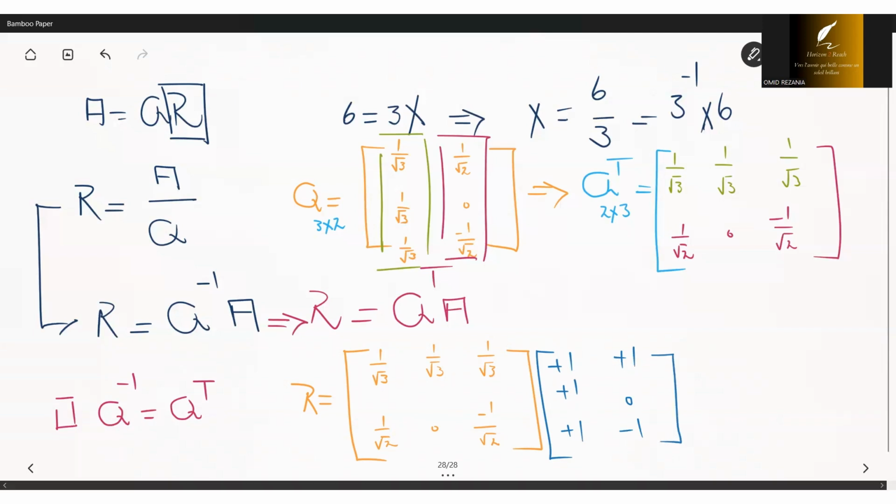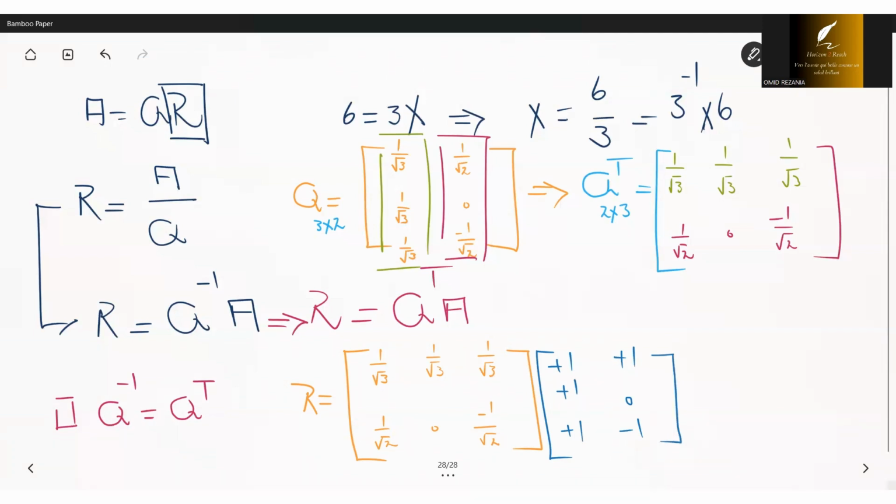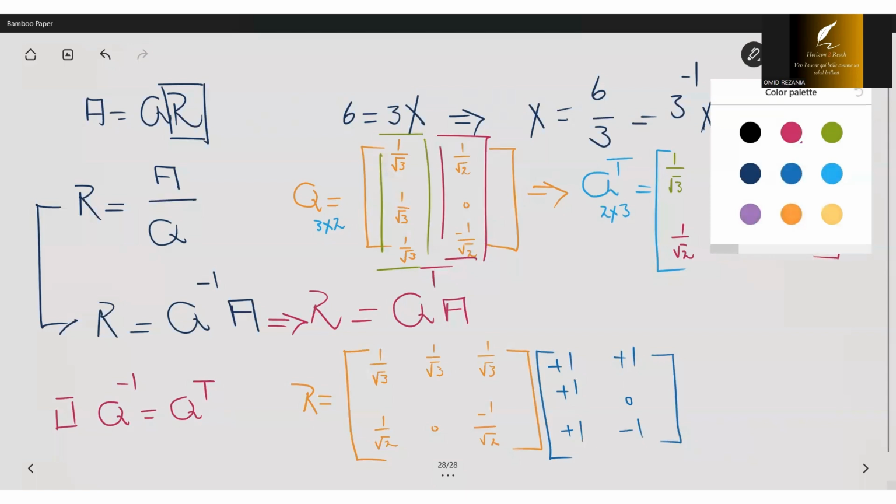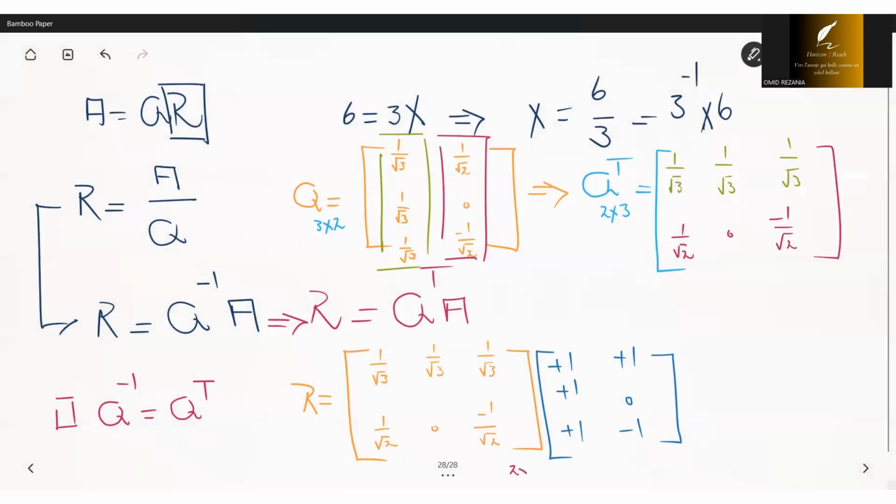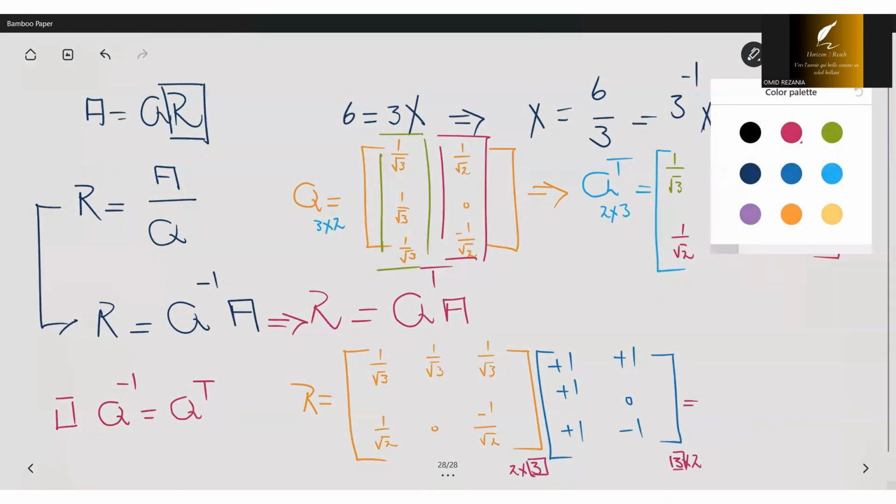Now, the first question is: are these two matrices compatible for multiplication? The first matrix is 2 by 3. This one is 3 by 2, right? The 3 here matches this 3, which means these two matrices are compatible.